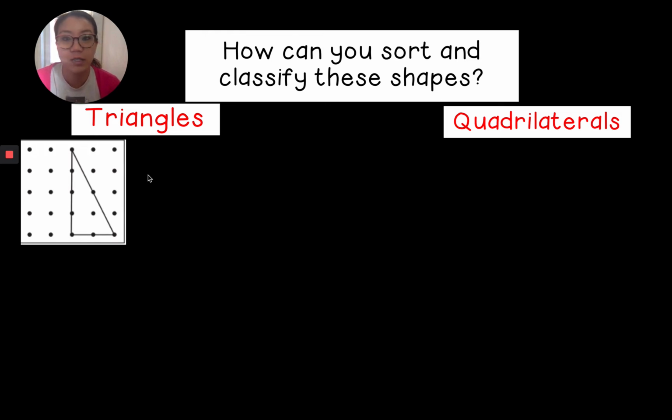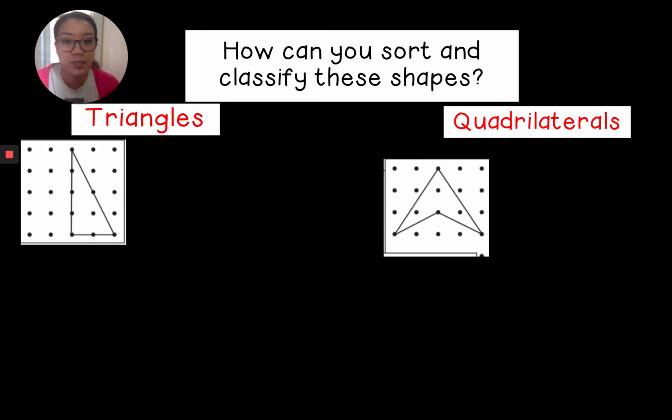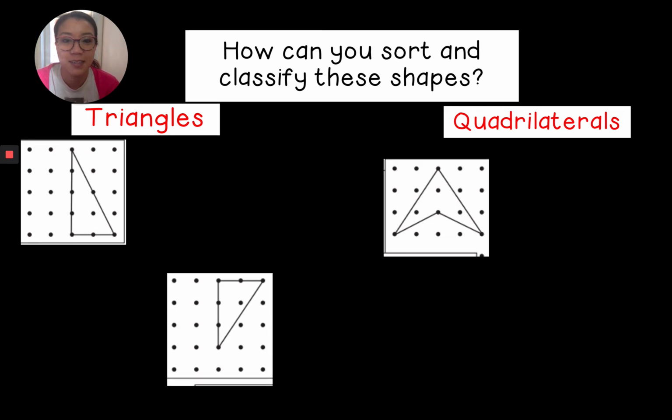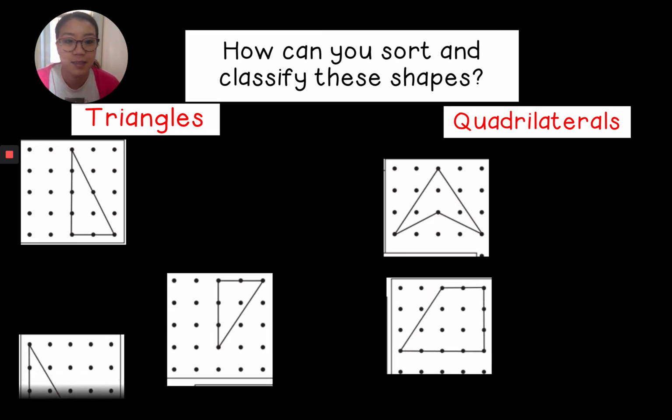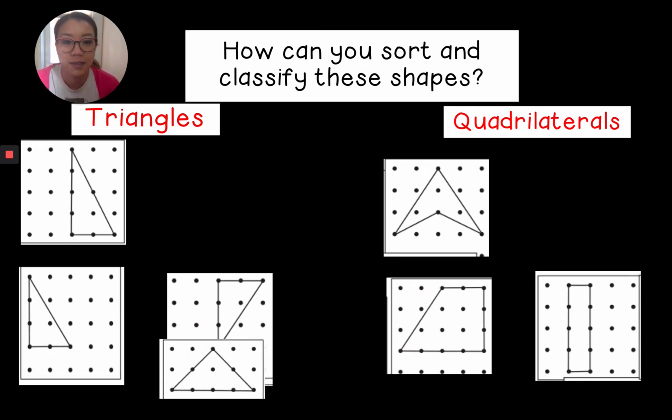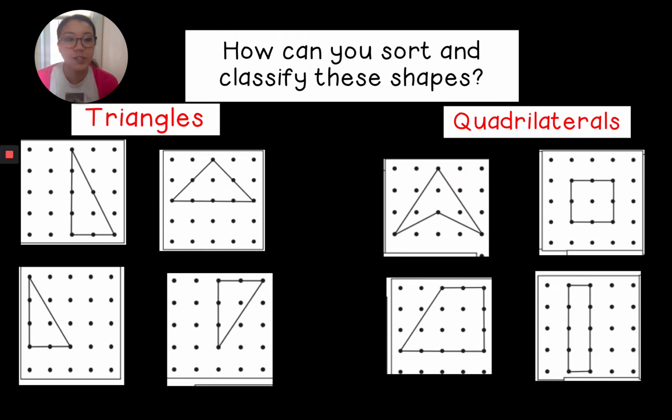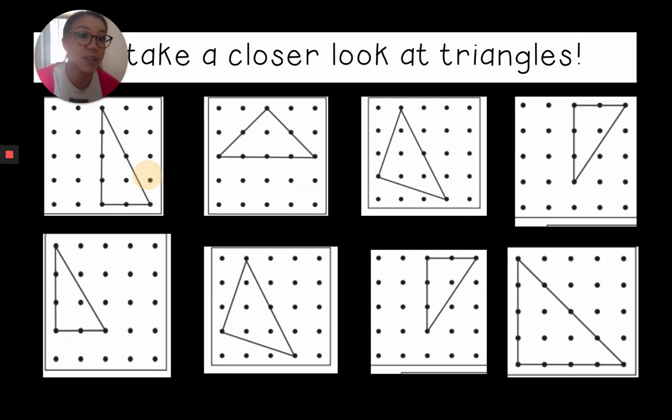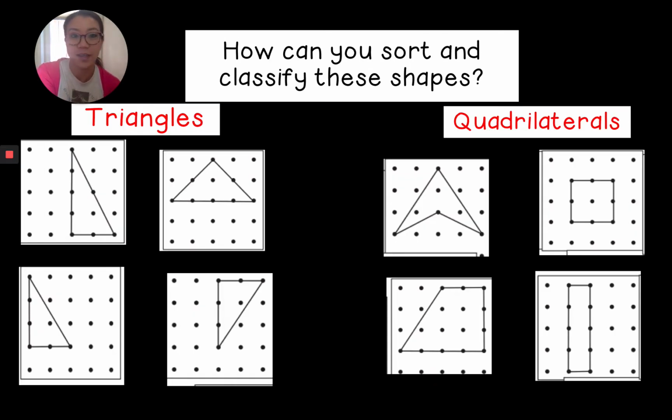So we have triangles, different quadrilaterals. The triangles, as you can see, have 3 sides and 3 vertices, and the quadrilaterals have 4 sides and 4 vertices. So that's how you would sort them, by their sides and their vertices.